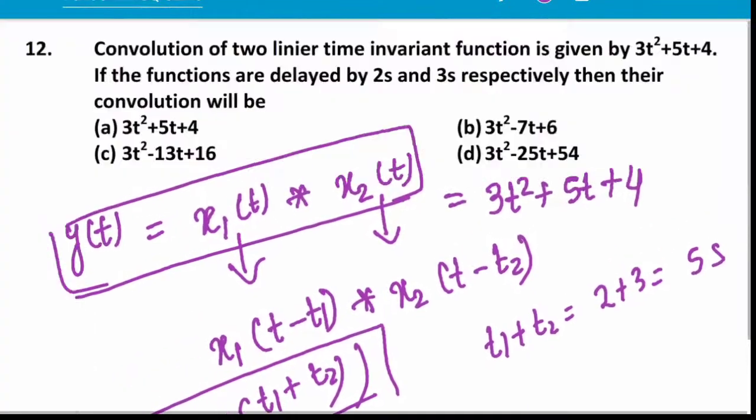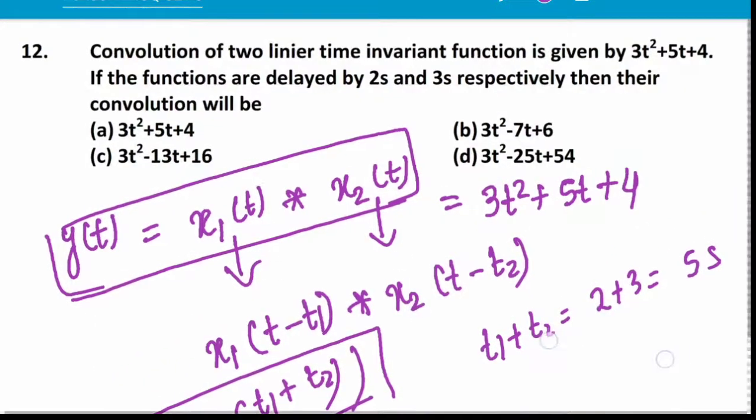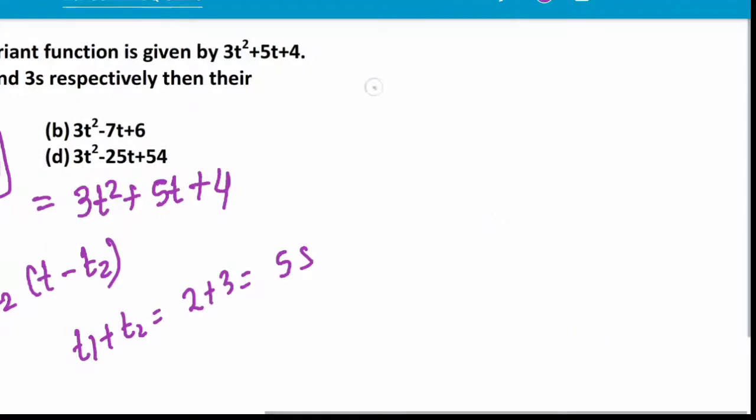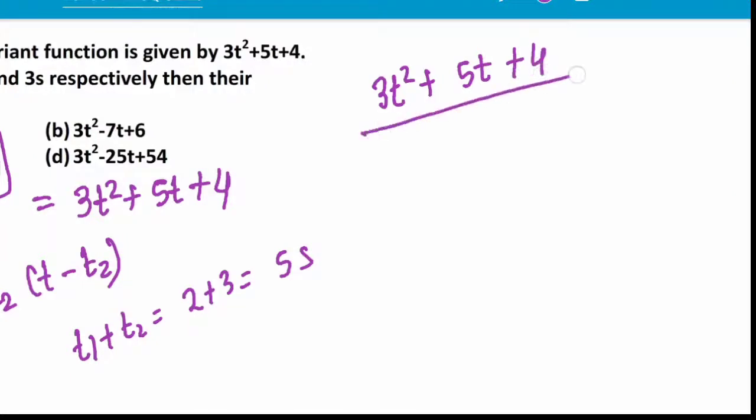So here y is given to be 3t square plus 5t plus 4. So this function will be delayed by 5 seconds.